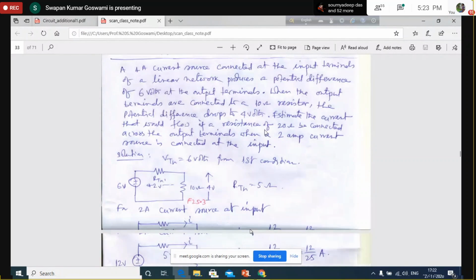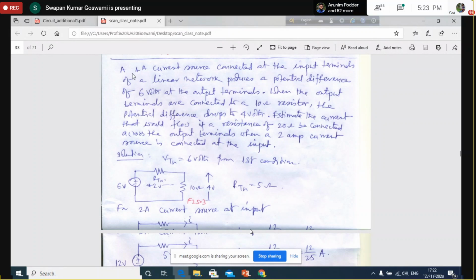Now a question is given: estimate the current that would flow if a resistance of 20 ohm is connected across the output terminals when a 2 ampere current source is connected at the input. Previously the current was 1 ampere, now it is made 2 ampere. So the Thevenin equivalent voltage also becomes twice.